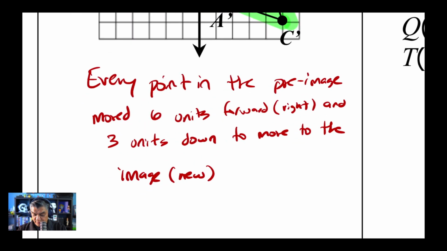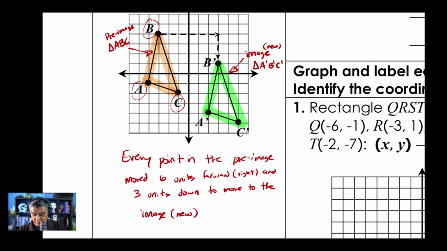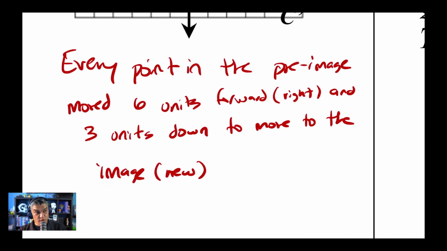Is that true? Every point went 6 units forward and then 3 units down. And we saw that it happened with B, with C, and with A. So that's how we say it in words.